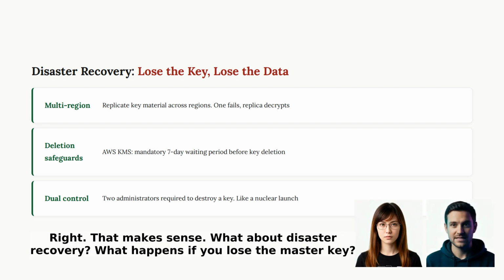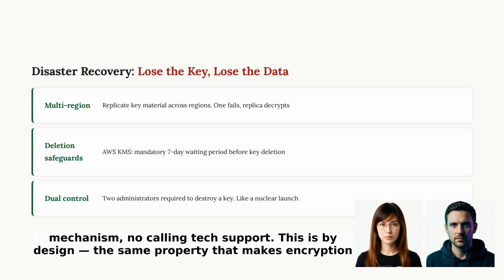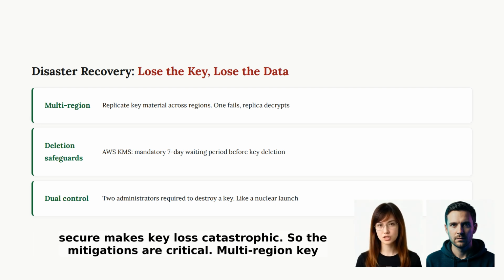Right. That makes sense. What about disaster recovery? What happens if you lose the master key? Then every piece of data it protected is gone permanently. There's no backdoor, no recovery mechanism, no calling tech support. This is by design. The same property that makes encryption secure makes key loss catastrophic.